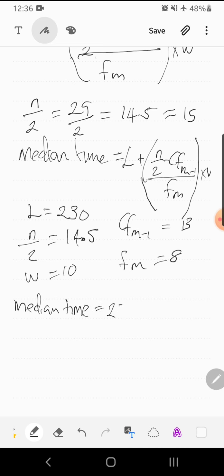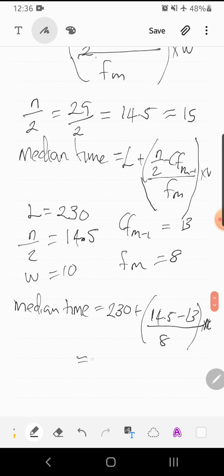L is 230 plus 14.5 minus the frequency before, which is 13, over 8, multiplied by 10.